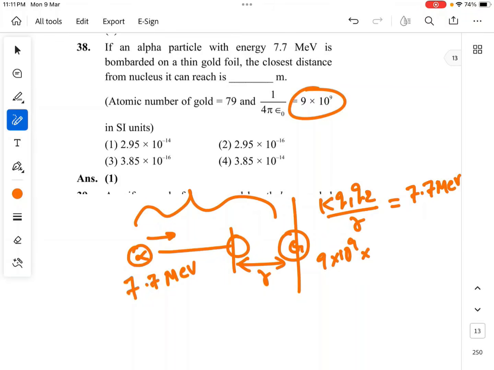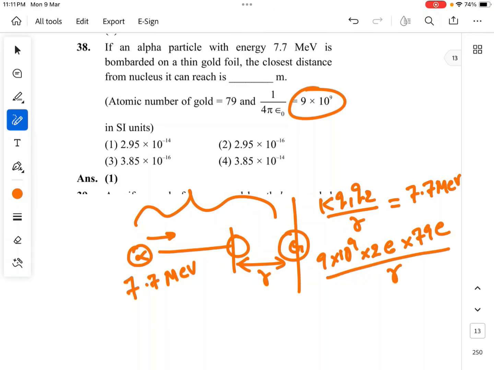Some people are definitely going to take the charge of the alpha particle as 4 electron charges. No, that's wrong. You might have gone wrong there. Just 2 electron charges you are supposed to take. So 2e I will write, and then the charge of the gold foil, 79e.